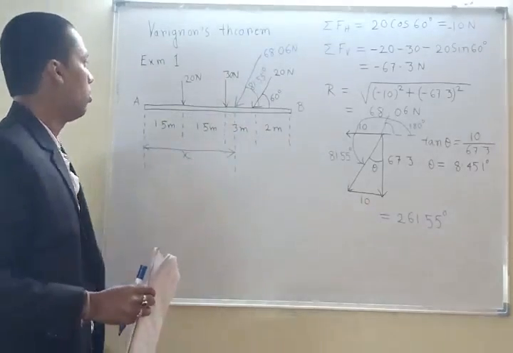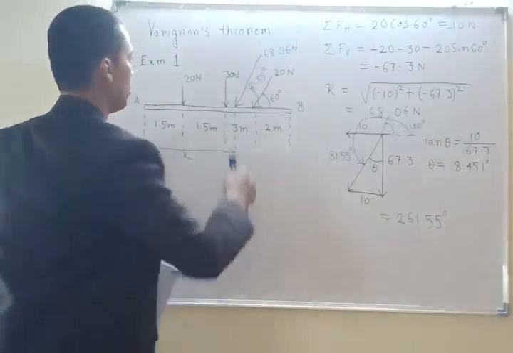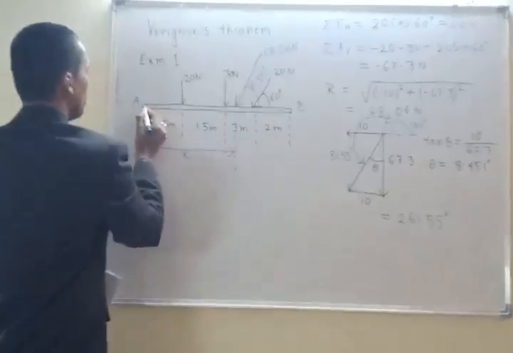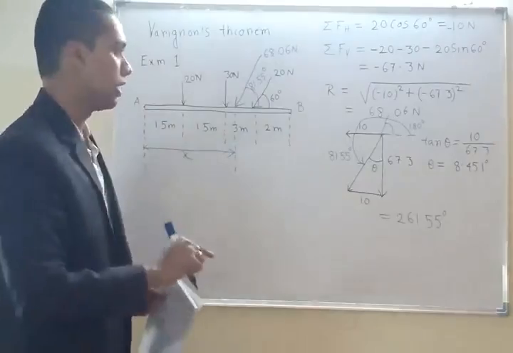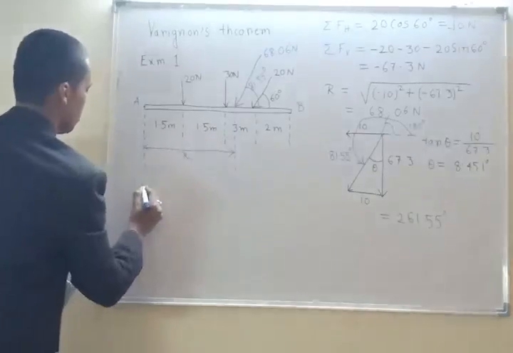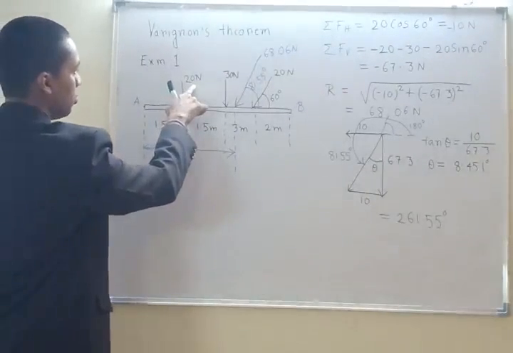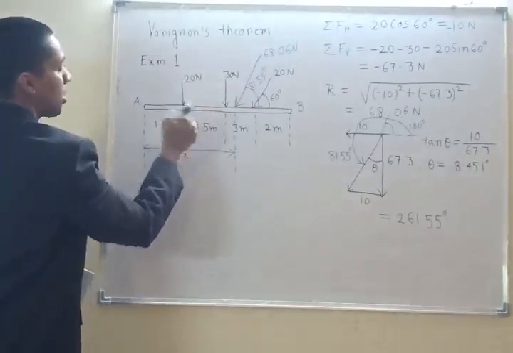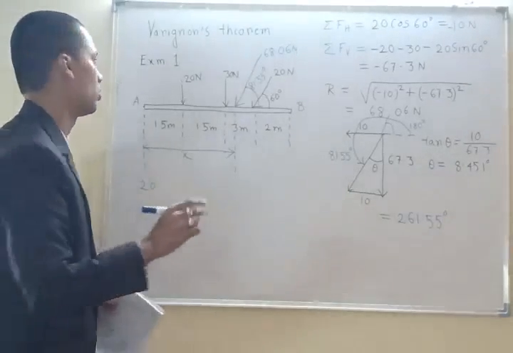Okay, now I'll have to take all the moments of these three, about the point A. About the point A, the first moment is going to be 20 force like this. This one is the force, and the perpendicular distance, not any distance, perpendicular distance with the force.